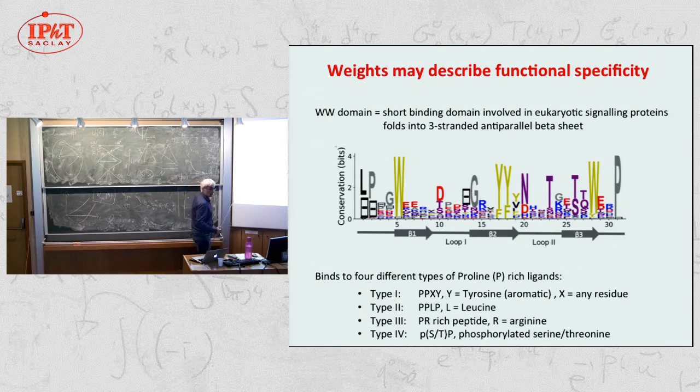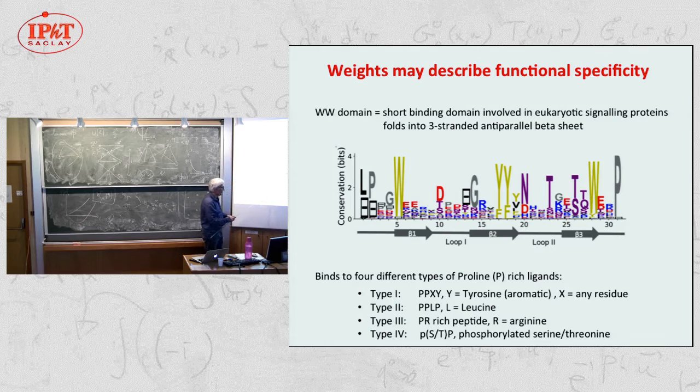Now it's known from biochemical studies, it was studied a lot because it's a short domain, that this WW domain can bind to different kinds of peptide chains, which are all rich in proline, P, but the context is different. The classification right now is of 4 different types. For instance, type 1 has prolines followed by any residue and then tyrosine, which is an aromatic amino acid, and so on.